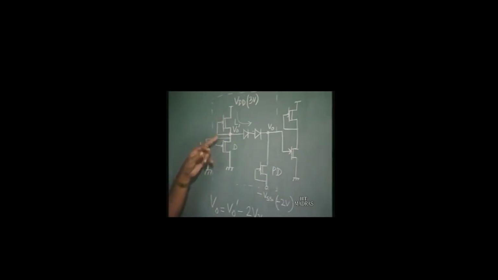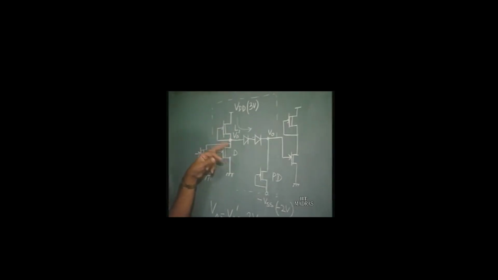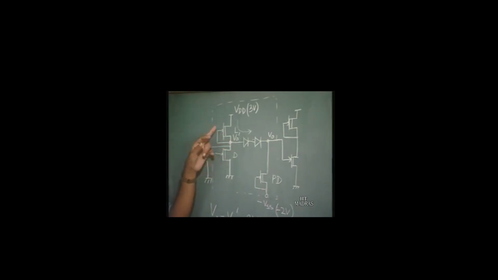Because you see that for this load transistor, the gate to source voltage is always 0 volt. So irrespective of the conditions, the load current does not change, whereas for a driver transistor the gate to source voltage matters. If the input voltage goes high to 0.7 volts, there is a large current here.